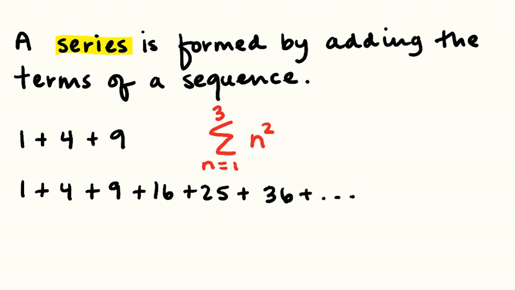You plug in n equals 1, that's 1. You plug in n equals 2, that's 4. You plug in n equals 3, that's 9. You're adding them together. That's where the sigma comes in. That's how you write that. Over here, 1, 4, 9, 16, 25, 36, plus dot, dot, dot. The plus dot, dot, dot indicates that that's just going to keep going on forever.